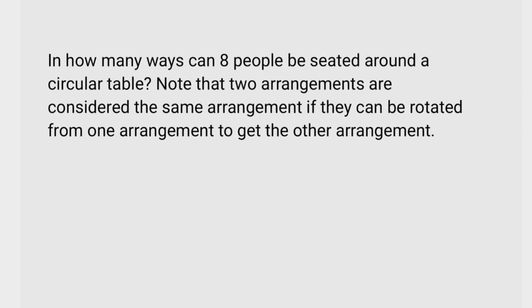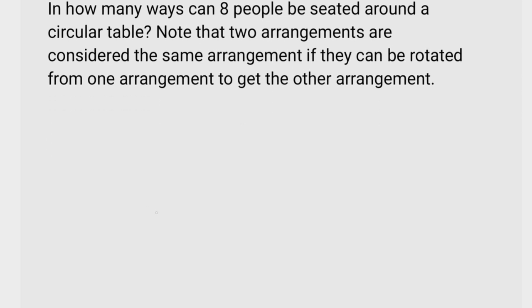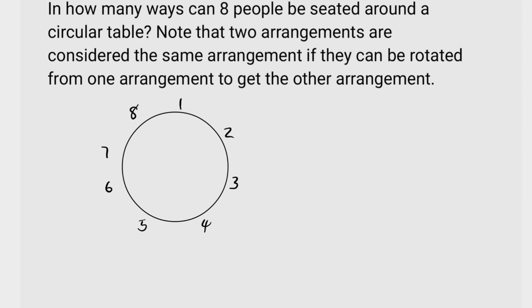Here's the last question. In how many ways can 8 people be seated around a circular table? Note that 2 arrangements are considered the same arrangement if one can be rotated to get the other. Let me explain what that means. So let's say we have person 1, person 2, person 3, person 4, person 5, person 6, person 7, and person 8.